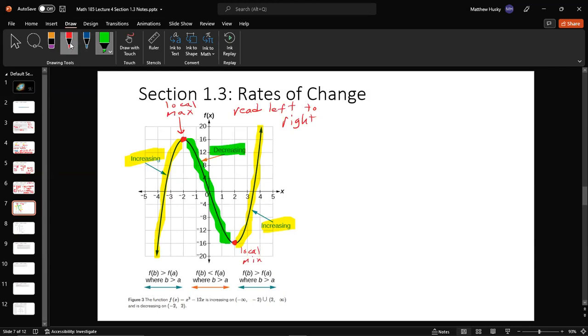So just like when we were writing intervals for the domain and the range, you can write intervals for increasing or decreasing. So we could say it is increasing from negative infinity to -2.